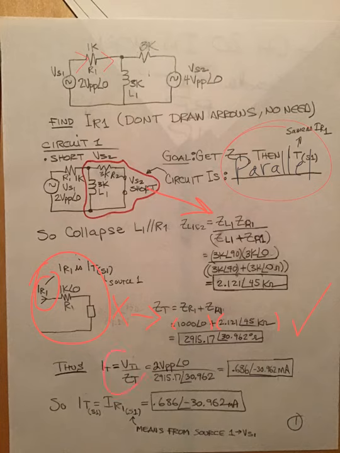So here's what we're after, the total current, which is shown here. And we can say that the total current is the current in R1 from source 1. That's what the S1 means, source 1. So if you want to label this source 1 and source 2, our next goal is to find.